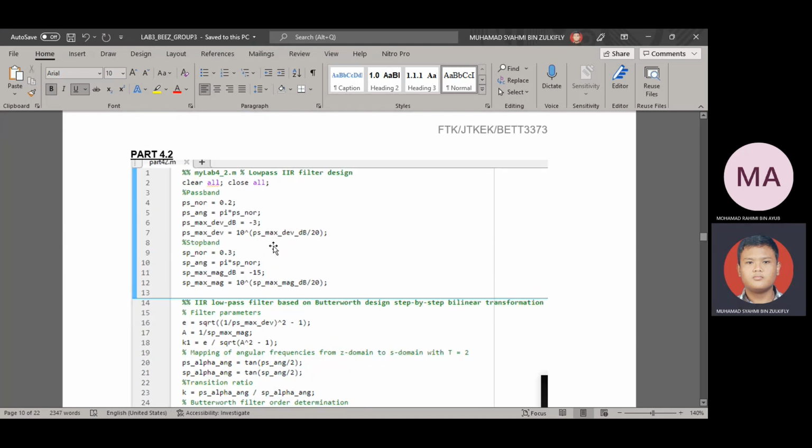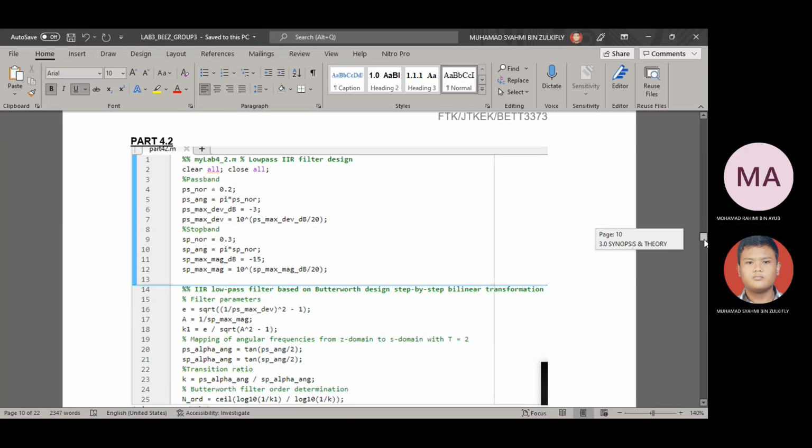Okay, for the next part we need to apply the parameters to the coding. As you can see, we are using 0.2 and the dB is -3, and the maximum dB in the stop band is -15 and the stop band edge is 0.3.